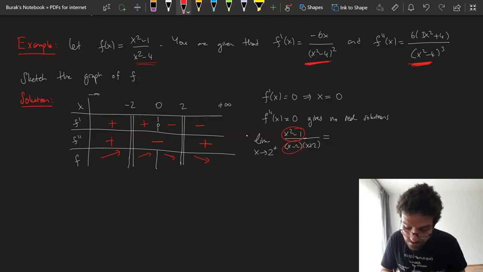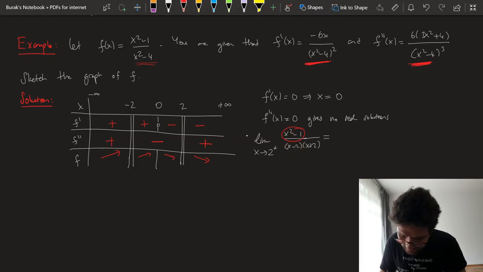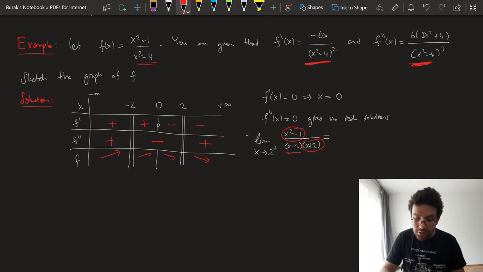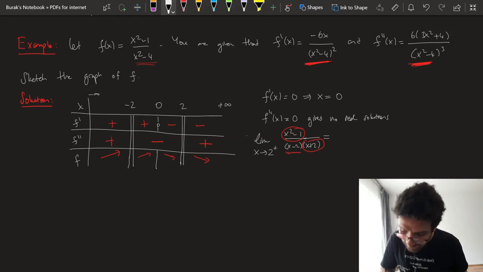This part will be approaching 1. These are positive. And, sorry, this part will be approaching 4, which is positive. Now, this part will approach 0, but it will approach 0 from right with positive values. So the top approaches 3, this approaches 4, and this approaches 0 from right. So this limit will be positive infinity. Okay.